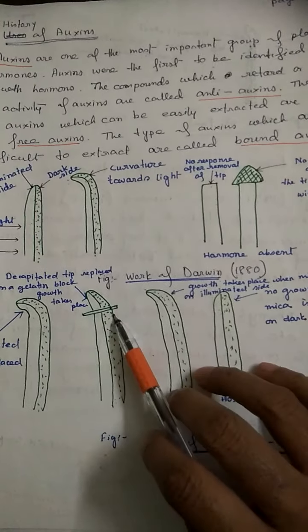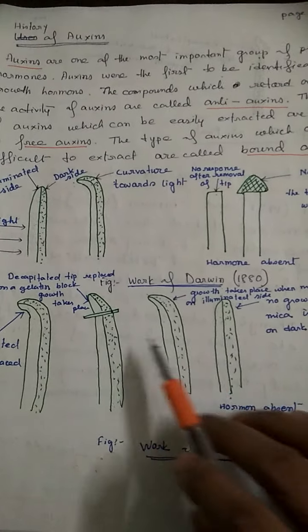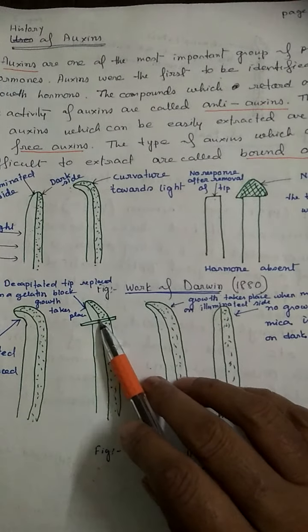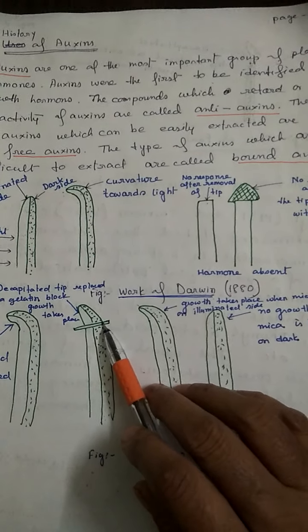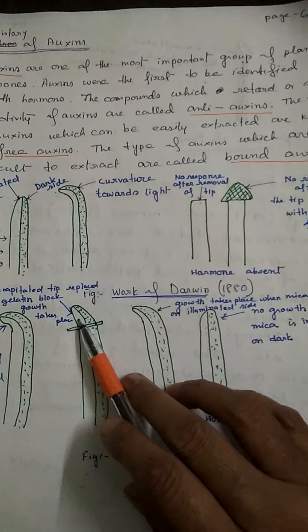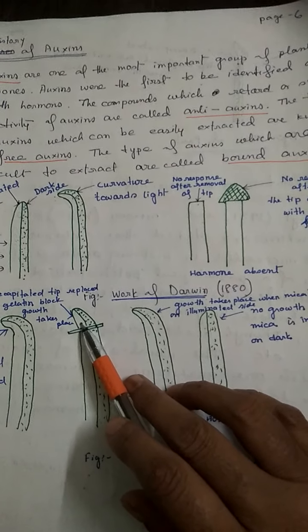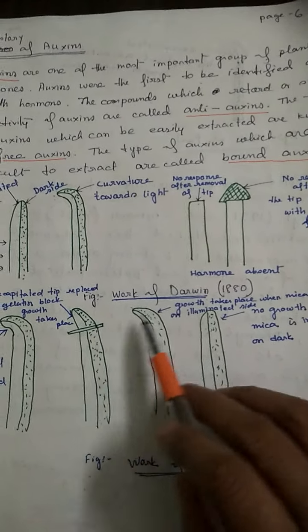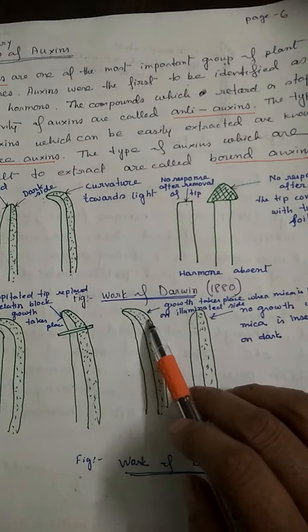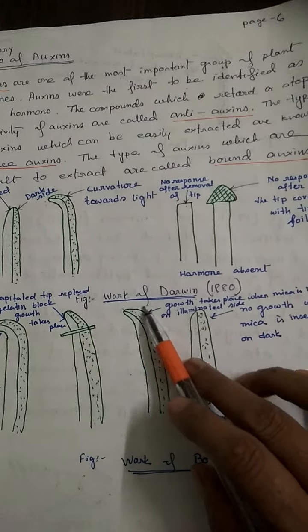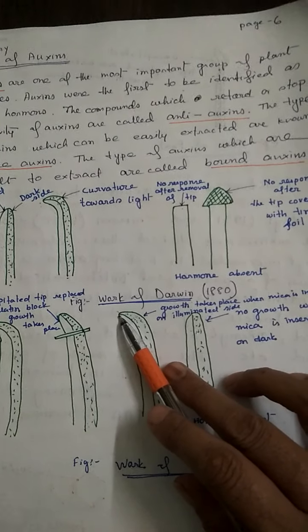From this experiment it is clear that the light part is not as important as the dark part, meaning the chemical moves to the dark part and cell elongation takes place there in comparison to the light part. That's why the coleoptile moves towards light.